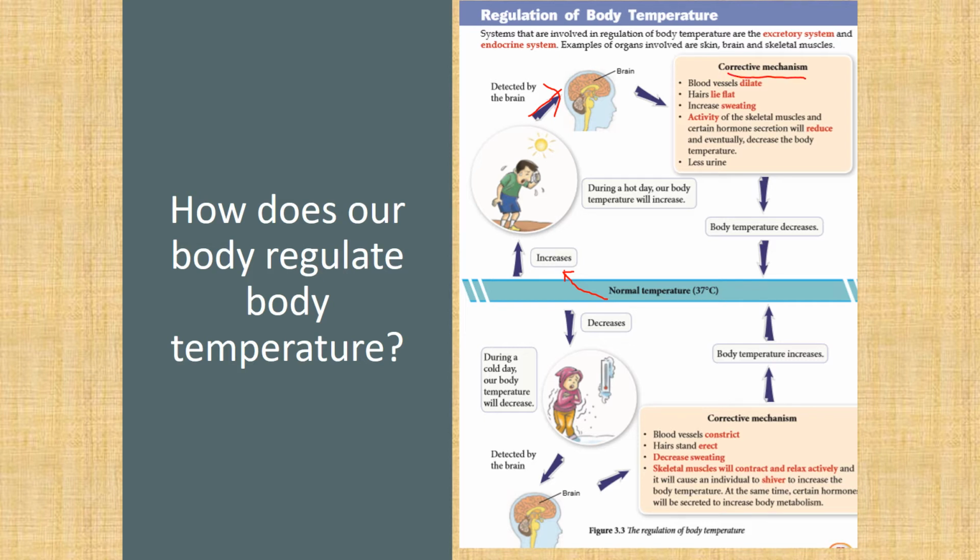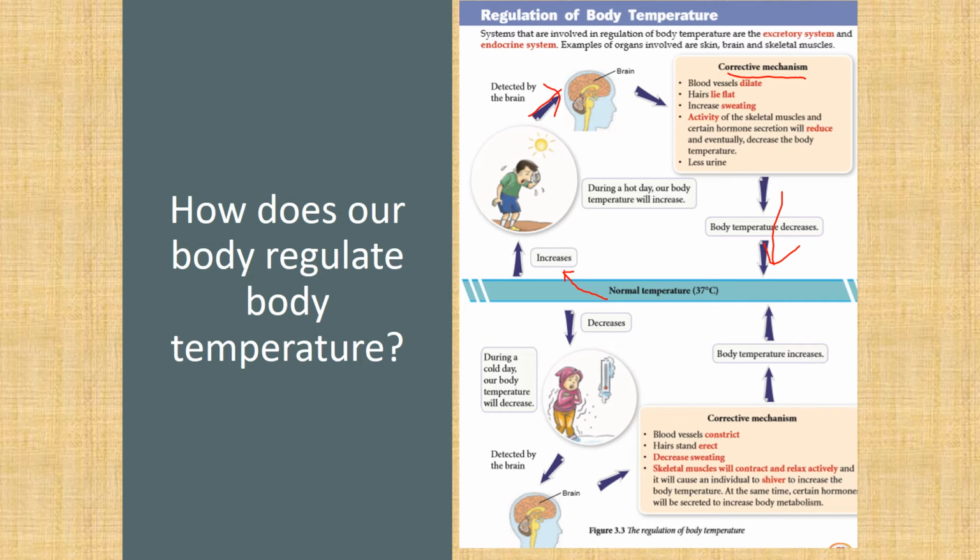So the corrective mechanisms are blood vessels dilate, hairs lie flat, increased sweating, activity of the skeletal muscle and certain hormone secretion will reduce and eventually decrease the body temperature, and less urine is produced. So finally, our body temperature decreases and goes back to normal body temperature.